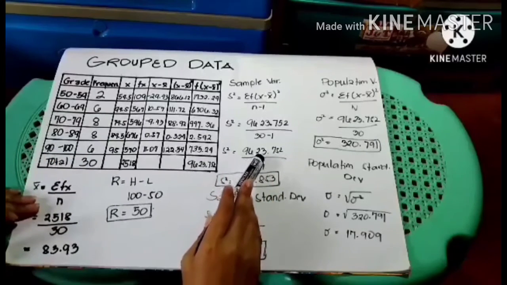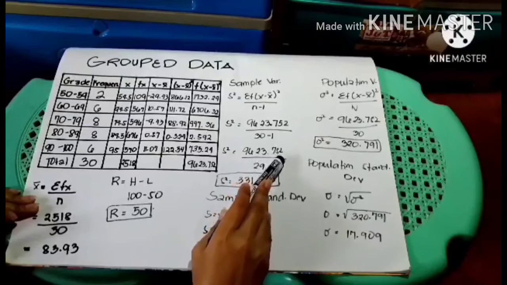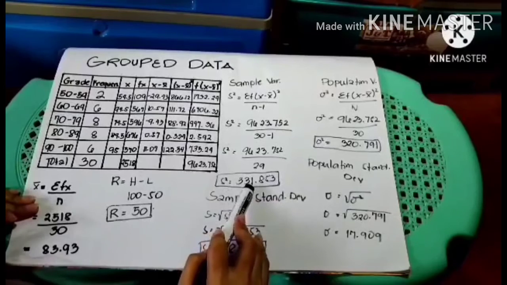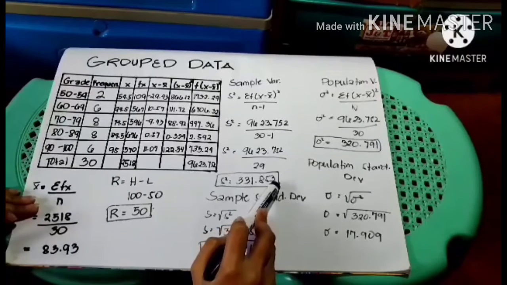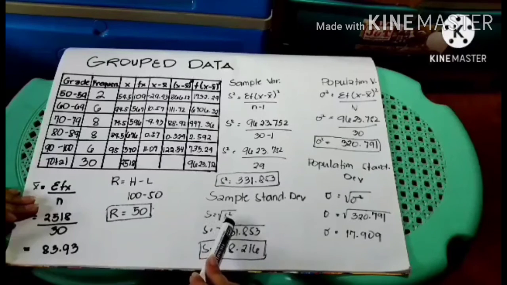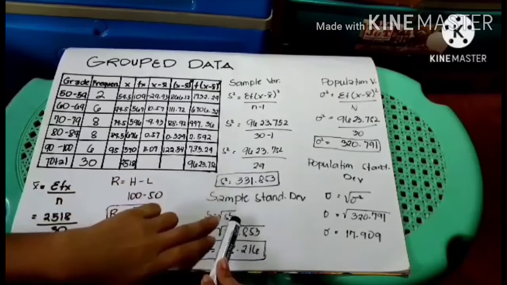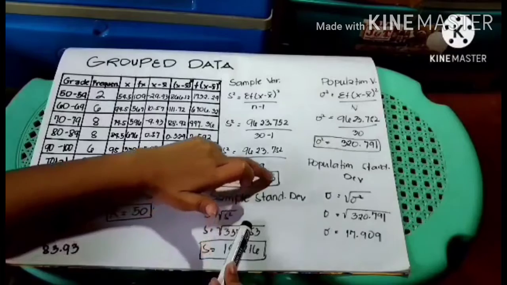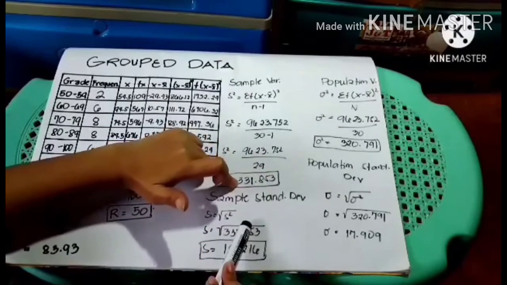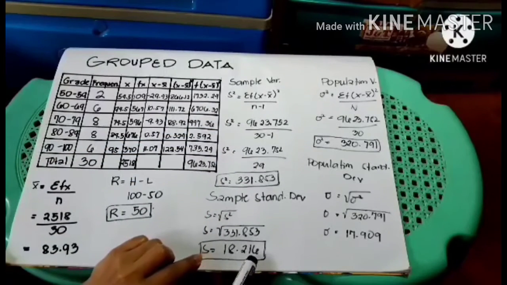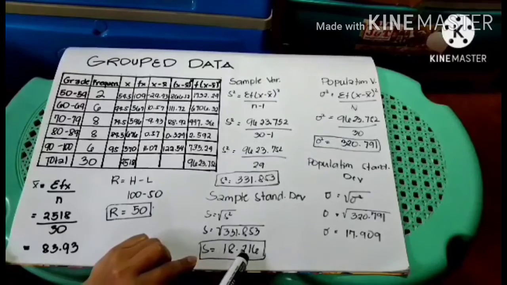So 9,623.752 divided by 29, our s squared is 331.853. To solve the sample standard deviation, the formula is s is equal to the square root of s squared. The result of our sample variance is 331.853. So the square root of 331.853 is 18.216. This is the sample standard deviation.